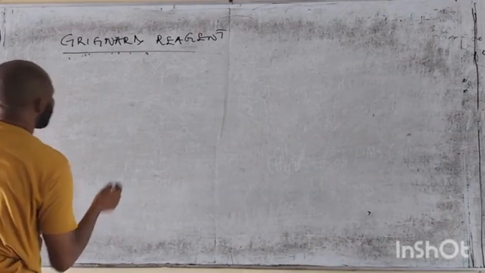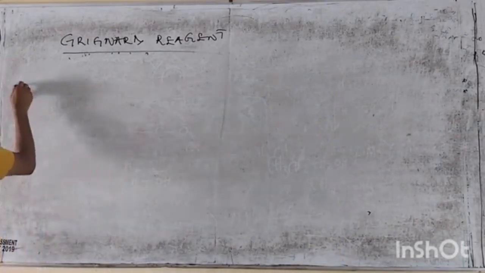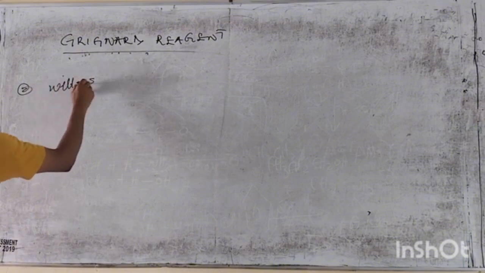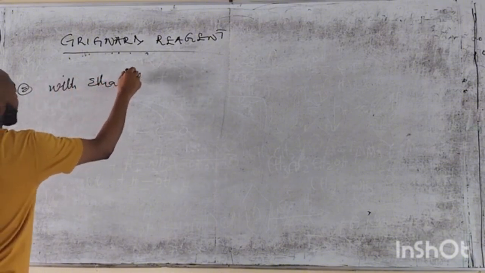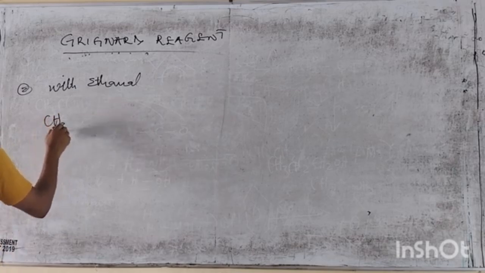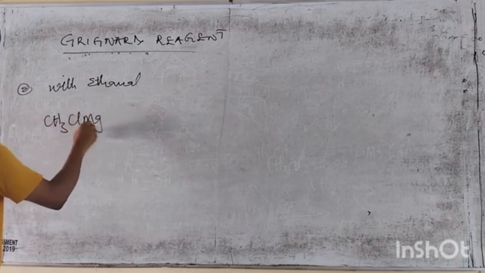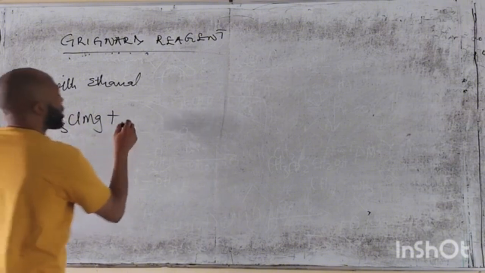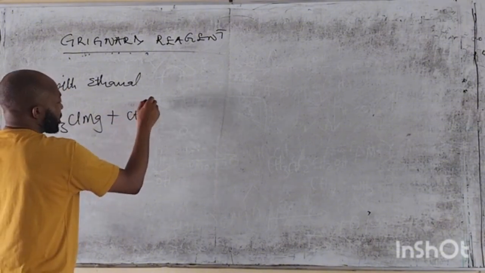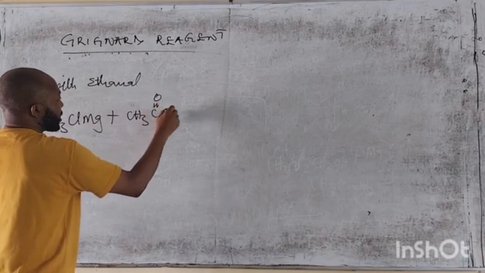So the second one, with ethanol too. I've forgotten the number. With ethanol, I have my CH3ClMg plus CH3 C double bond O hydrogen.